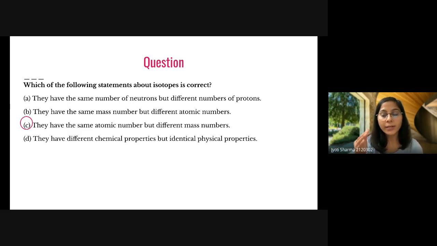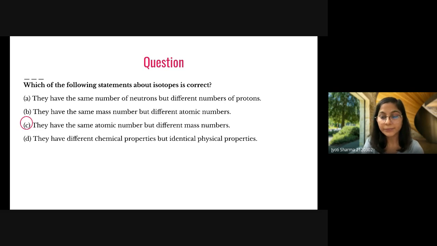Because the stable element is C12, the isotope of C12 is C14, since the atomic number is 6 only, but the atomic mass is changing from 12 to 14. So in isotopes we have the same atomic number but different atomic mass.